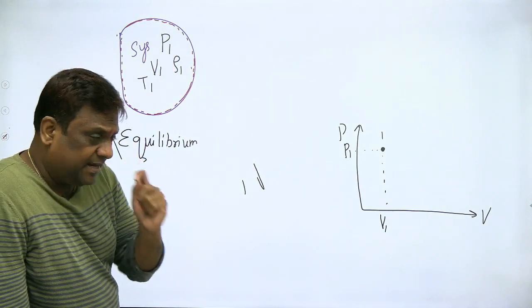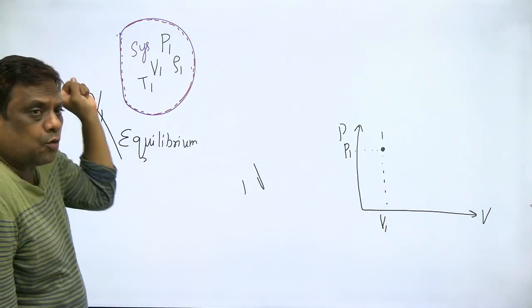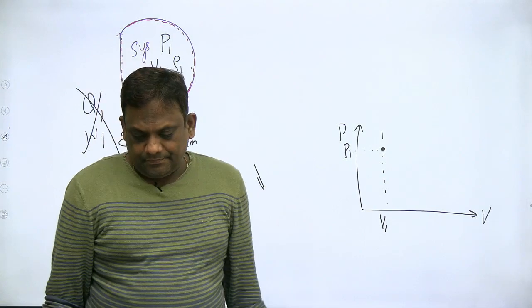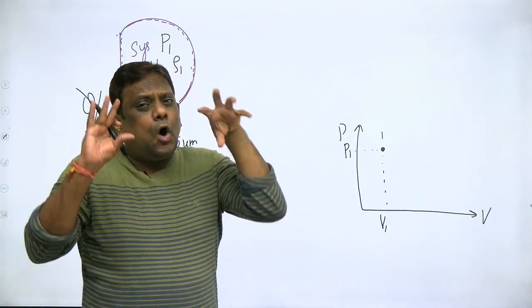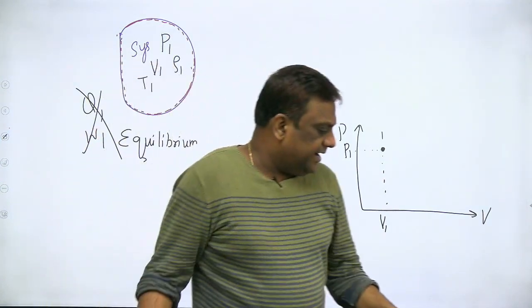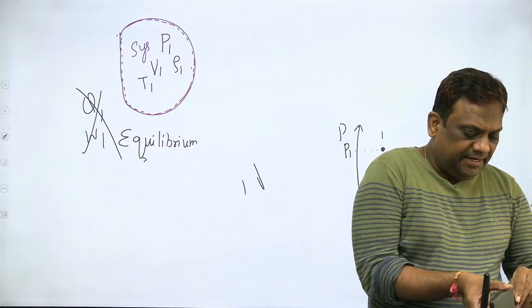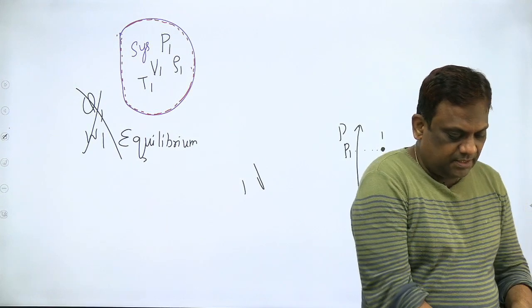You will see heat or work only when it crosses the boundary. This means there is some interaction of the system with the surroundings.